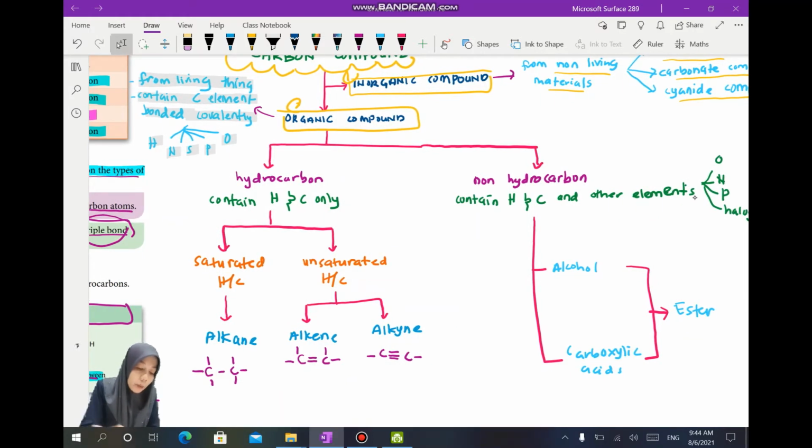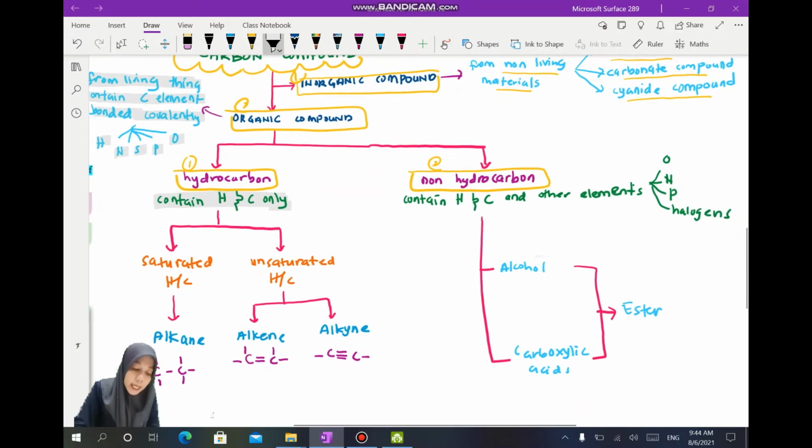Okay, and then kita tengok pecahan untuk organic compound. Okay, organic compound are divided by 2. Hydrocarbon and non-hydrocarbon. Okay, hydrocarbon contain only H and C. Contain hydrogen and carbon only.